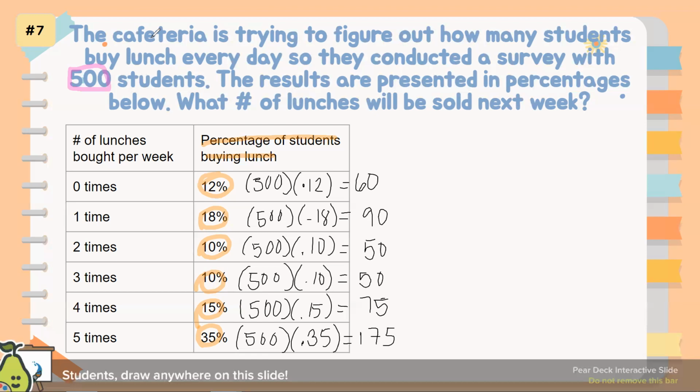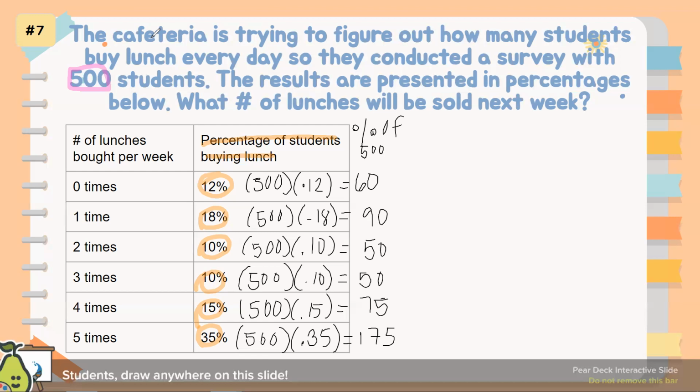So we know that 12% of 500 is 60, 18% of 500 is 90, 10% of 500 is 50, 15% of 500 is 75, and 35% of 500 is 175. So we just found the percentage of 500 students.